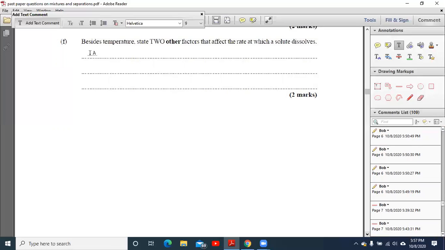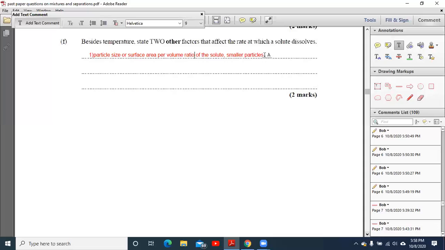I would say your one, particle size of the solute, or surface area per volume ratio of the solute.